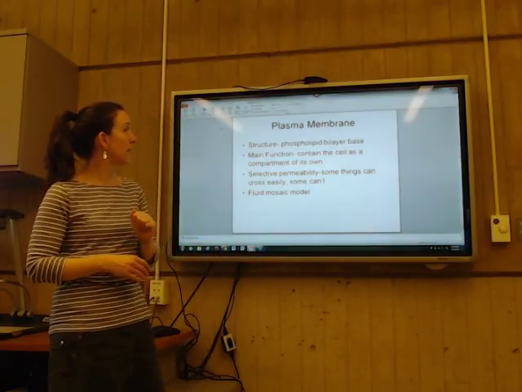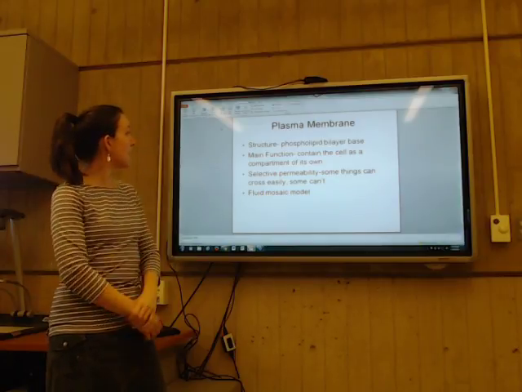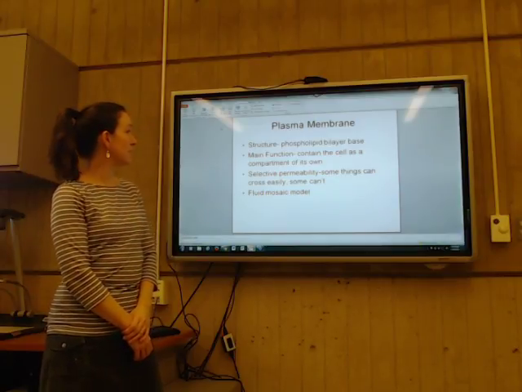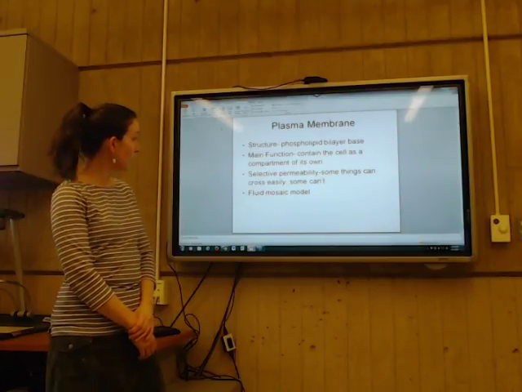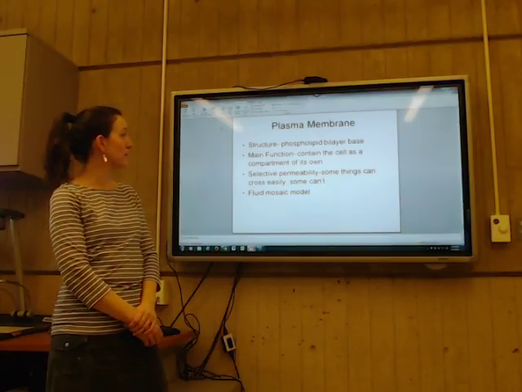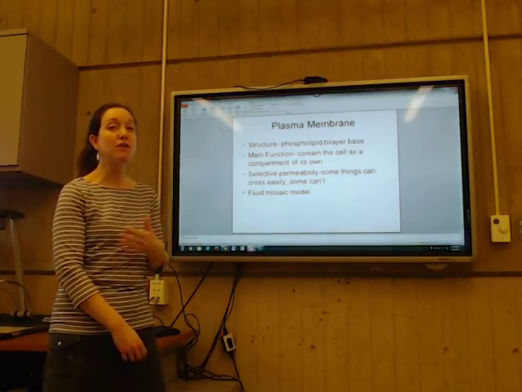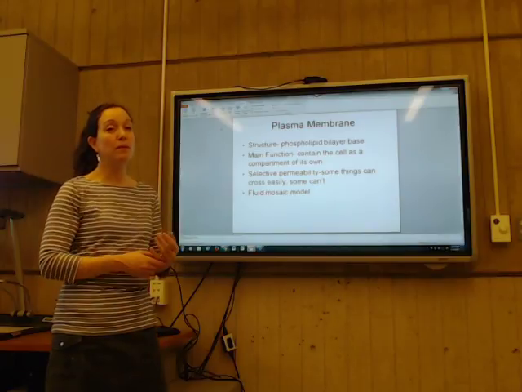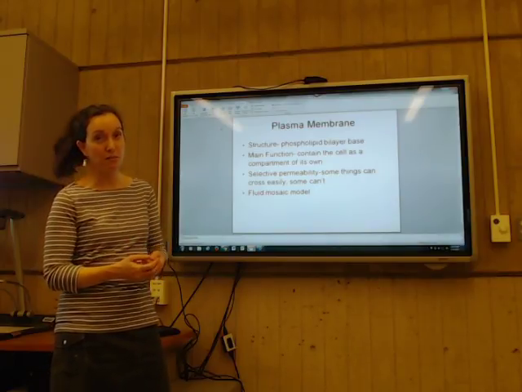For the structure, we have the phospholipid base, and its main function is to contain the cell's compartment on its own. It's selectively permeable, and some things can cross easily across that membrane, while other things cannot. So please review in your textbook the permeability of different substances.